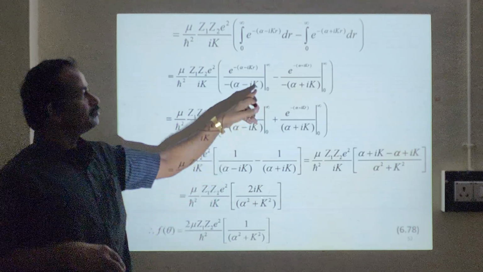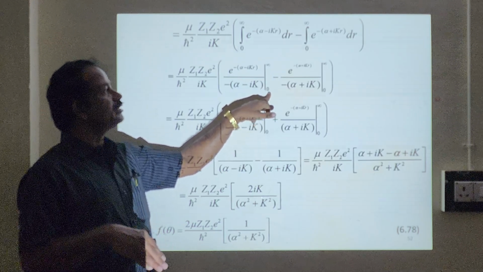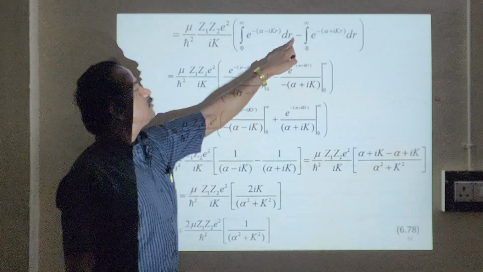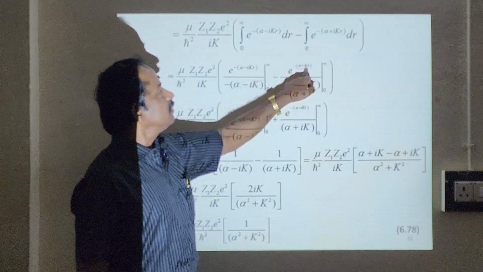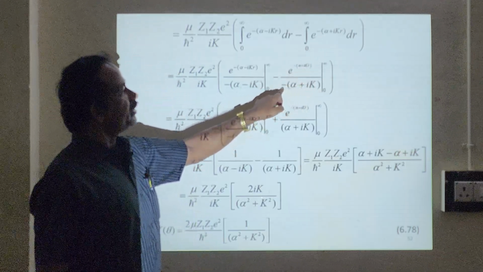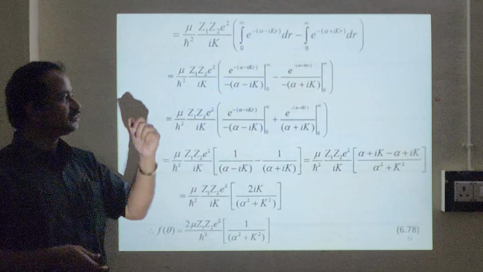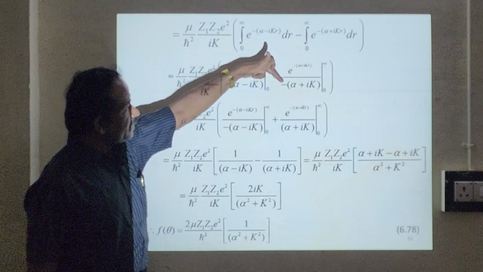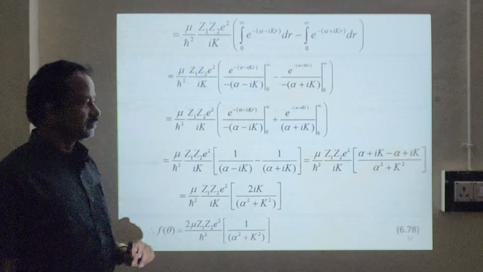But here we are going to consider the limit as 0 to infinity. After integration, that will give you e power minus alpha plus ik r divided by minus alpha plus ik from 0 to infinity. Now you are going to substitute. Before substituting, minus minus plus, the same expression, here alone it is plus.